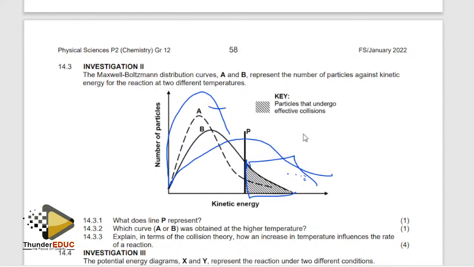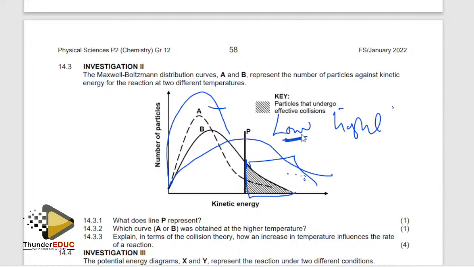For example, you have a lower temperature and then a high temperature. How is the high temperature going to affect the rate?